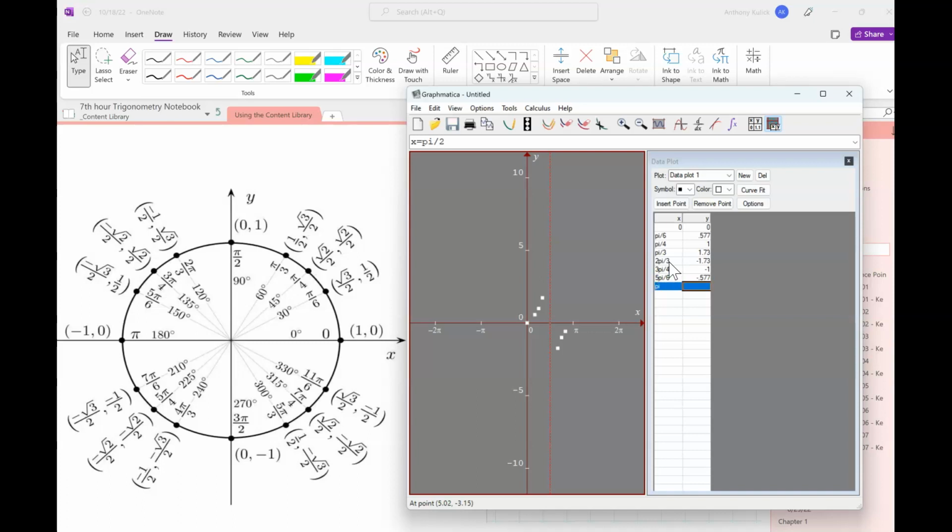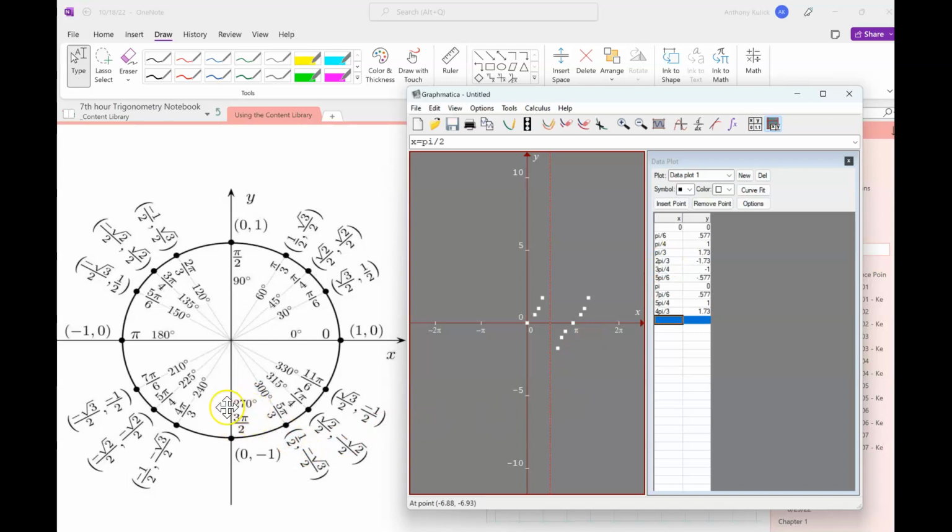And I have pi comma 0. And I have 7 pi over 6 comma 0.577. And then I have 5 pi over 4 comma 1. And then I have 4 pi over 3 comma 1.73.